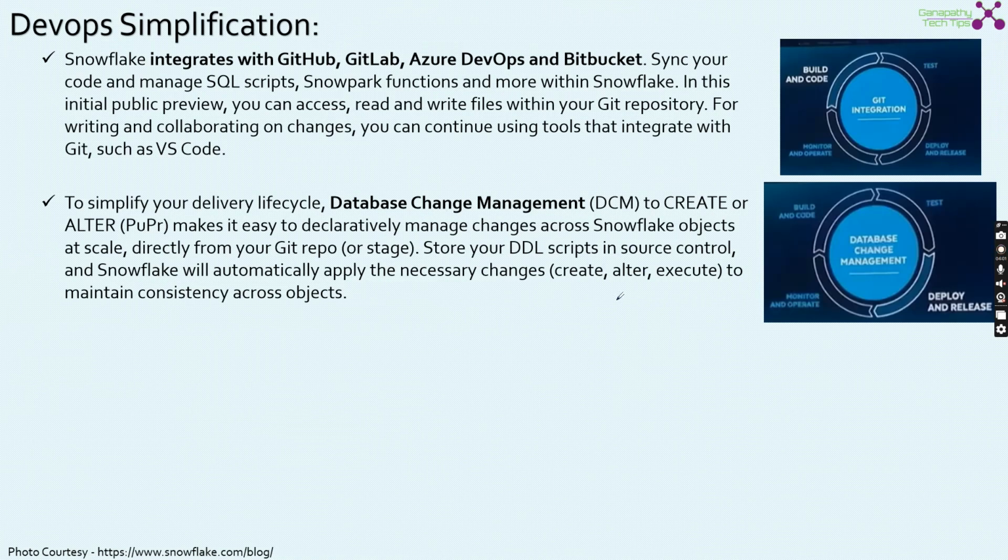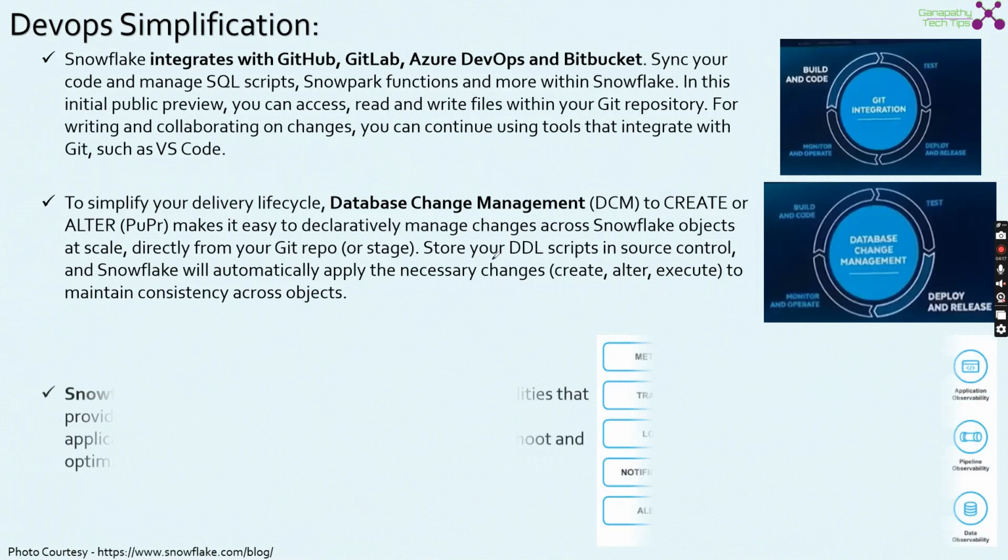I hope you're able to understand what is mentioned here. Say I have my source code in GitHub and I make a change in that GitHub repo. Automatically the DCM will identify that specific change and apply it against the Snowflake system. Again, an interesting feature to know.